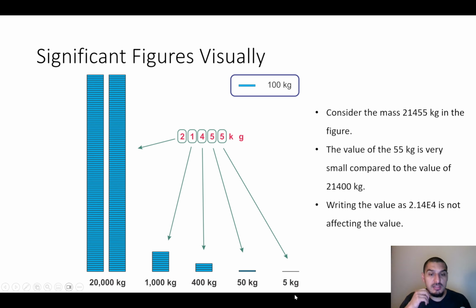So if you compare these two to this whole part of the number, you'd see that these two are very, very small, and their effect is very negligible. So writing them would cause more distraction than adding value to the number.